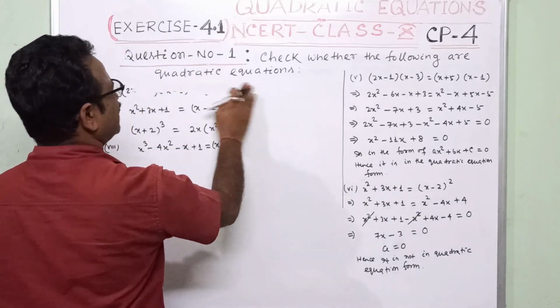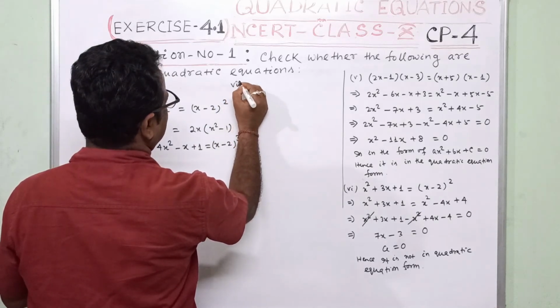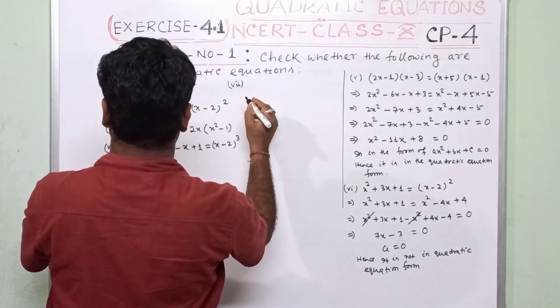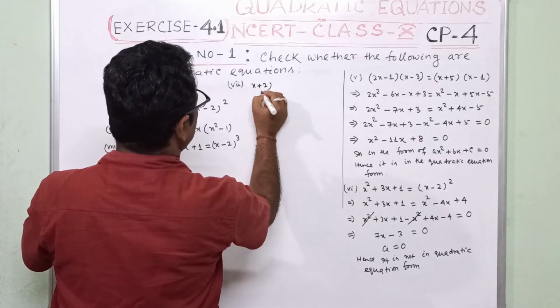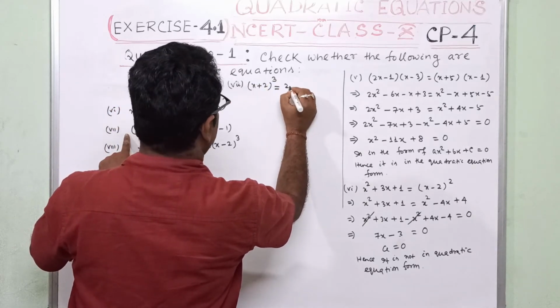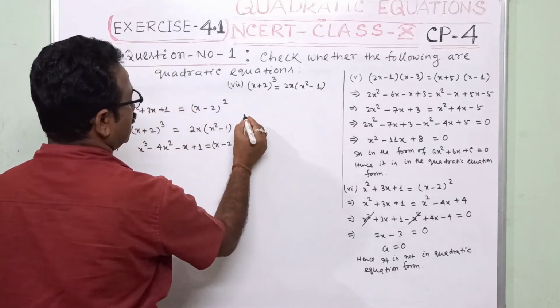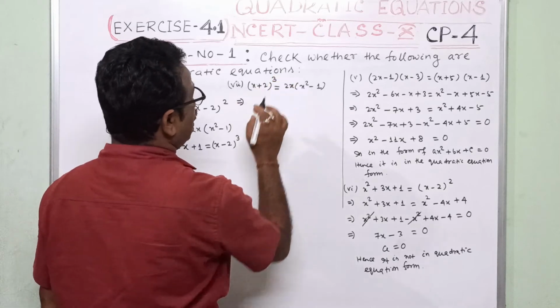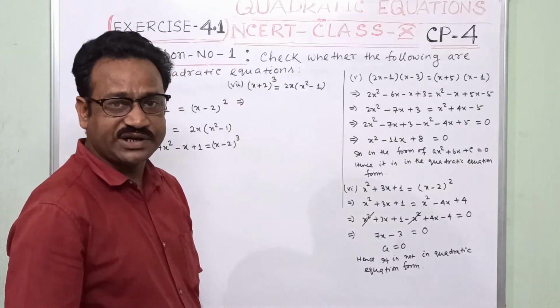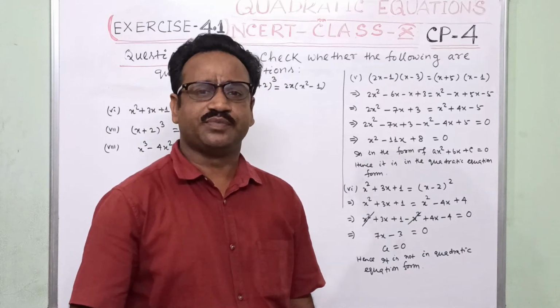I'm removing bit 5. Bit 7. Given here (x plus 2) whole cube is equal to 2x into (x square minus 1). (a plus b) whole cube is a cube plus 3a square b plus 3ab square plus b cube.